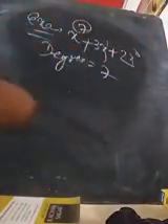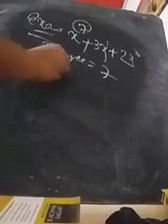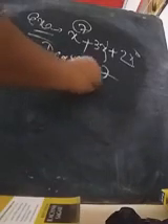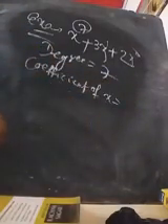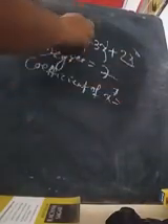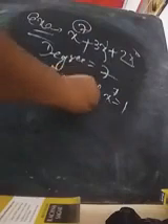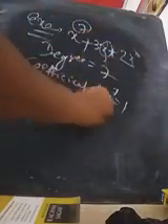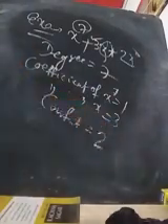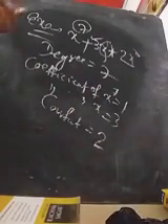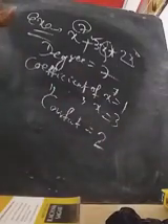So degree 7. What will be the coefficient? Coefficient of x to the 7 equals 1. Coefficient of x here equals 3 and constant term equals 2. So it's completed: coefficient, constant and degree of a polynomial.